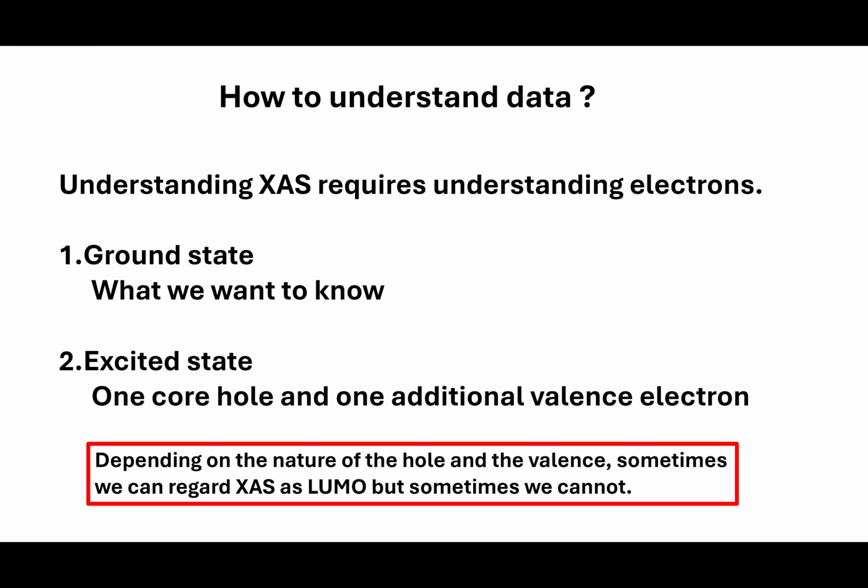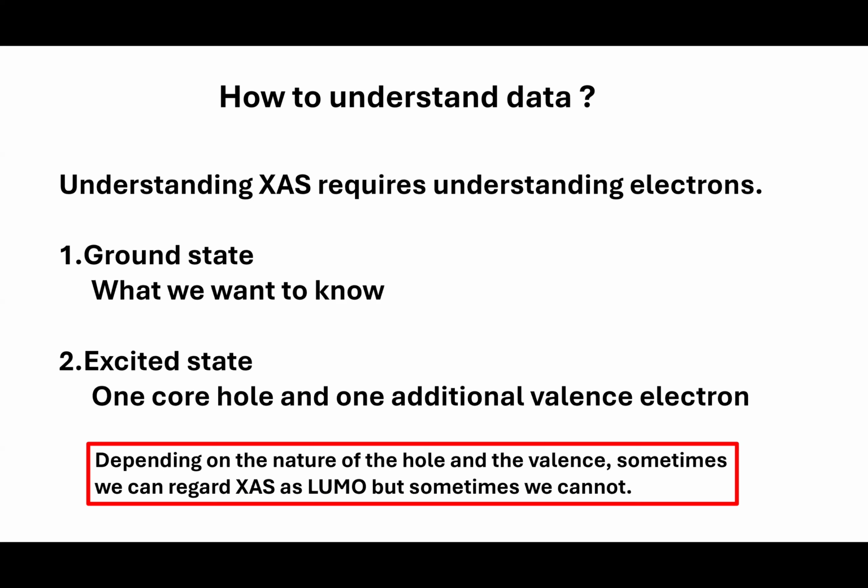Usually, before we come to this sentence, when we look at the data, we probably do not really think about that much, right? We do not really think about why we should bother about excited states. We need to consider this because it really relates to our interpretation of the data.